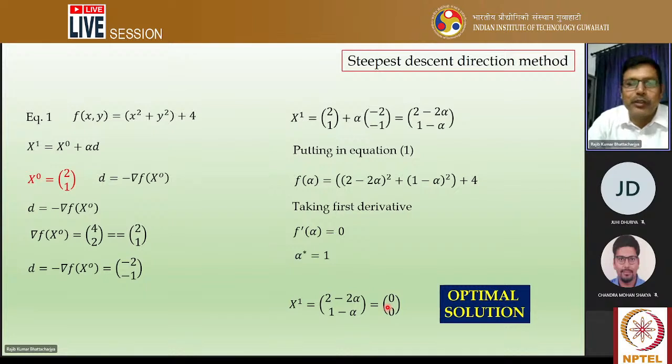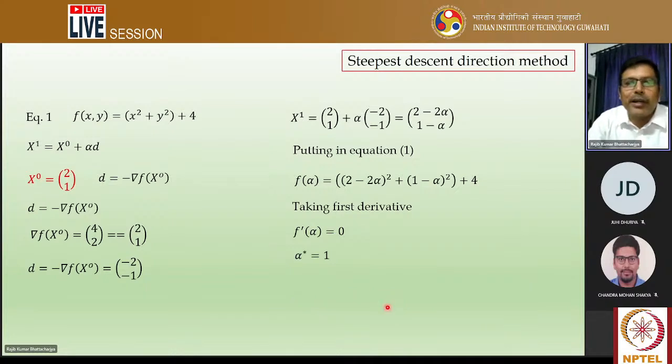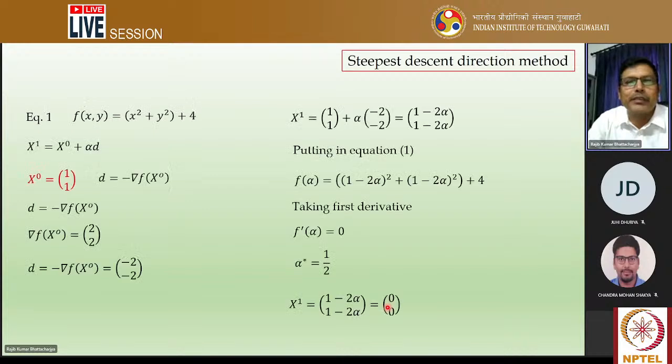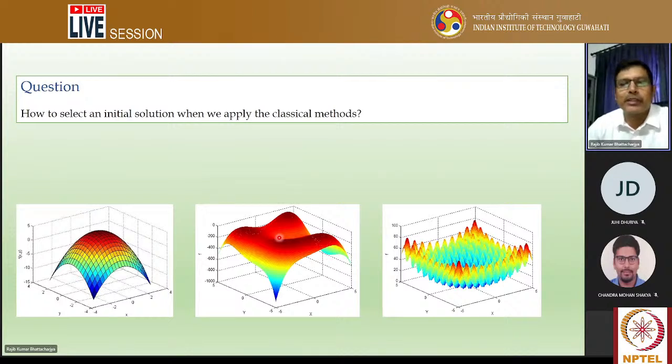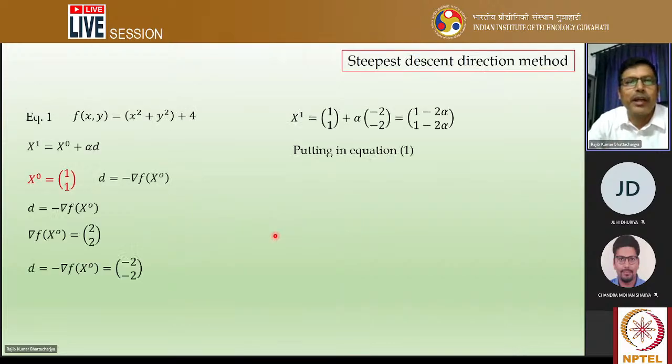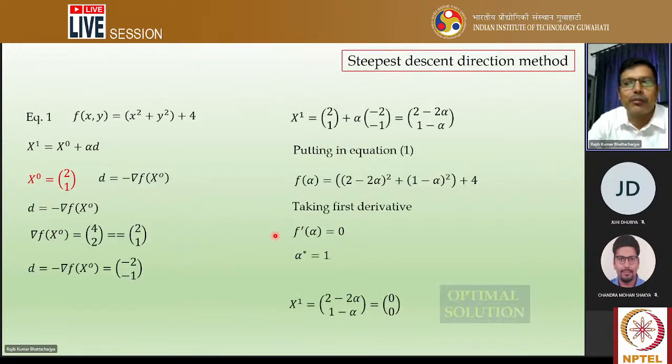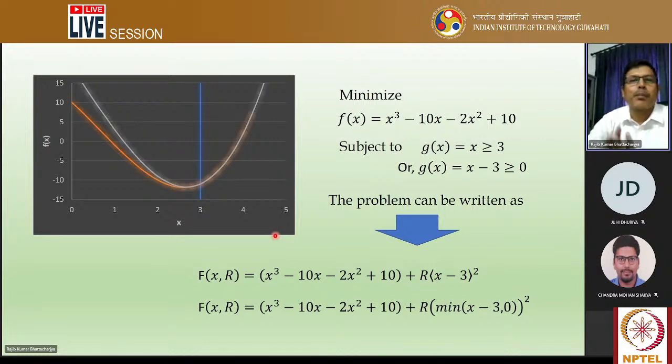But as I have discussed, for the non-convex function you have to try different initial solutions. If your function is a convex function, you can take any initial solution and you will get the optimal solution, and that optimal solution is a global optimal solution as well as a local optimal solution. I hope this is clear. This was one of the doubts.